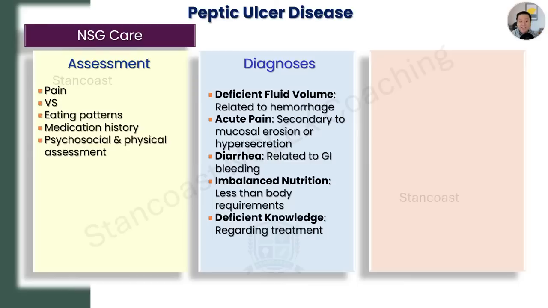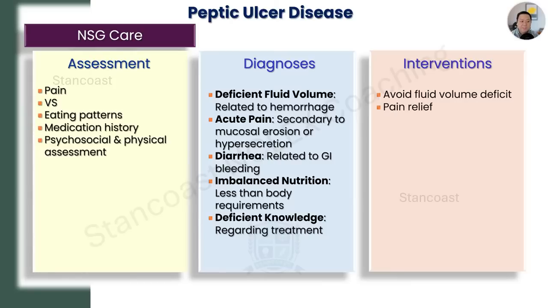Now, for the nursing actions, the priority here is to avoid fluid volume deficit. So we need to monitor the patient's intake and output, stools, and their hemoglobin and hematocrit levels. We're going to have to administer IV fluids, could be blood products, medications, and prepare the patient for lavage or surgery. Now, pain control is also important.